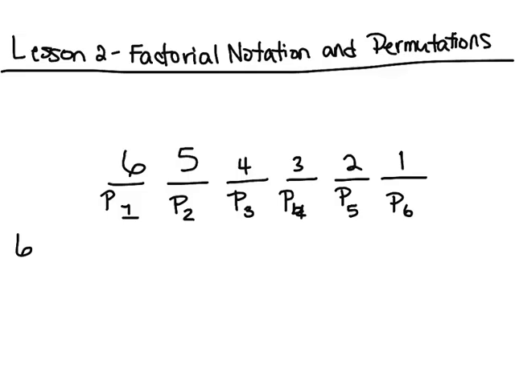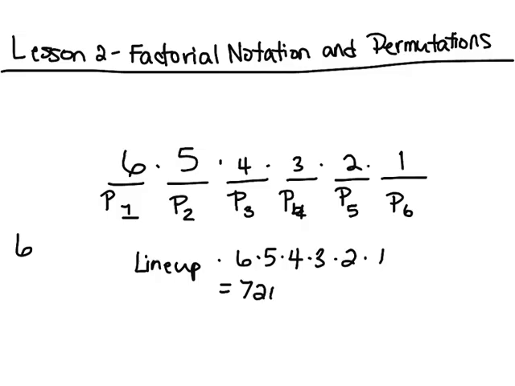So the way that we can write this, the lineup could be 6 times 5 times 4 times 3 times 2 times 1. So we multiply all these together because each has its own option. And if you do 6 times 5 times 4 times 3 times 2 times 1, you'll get 720.